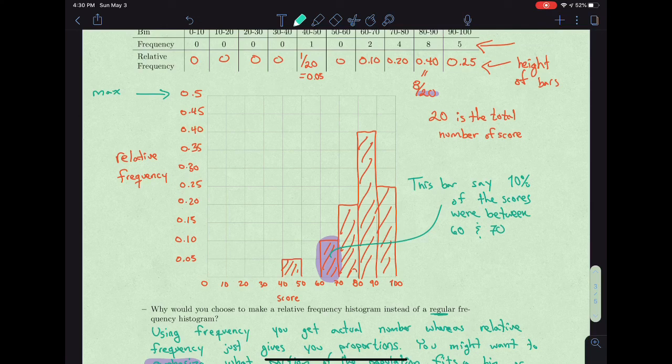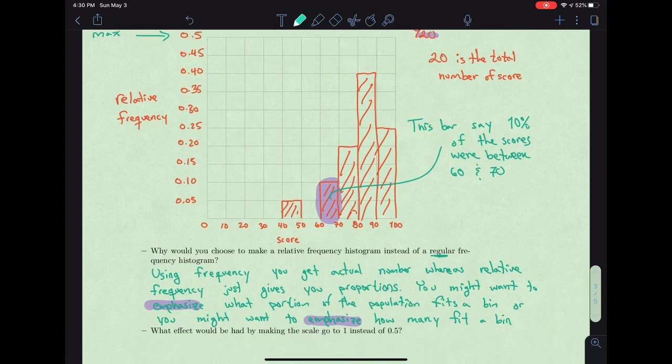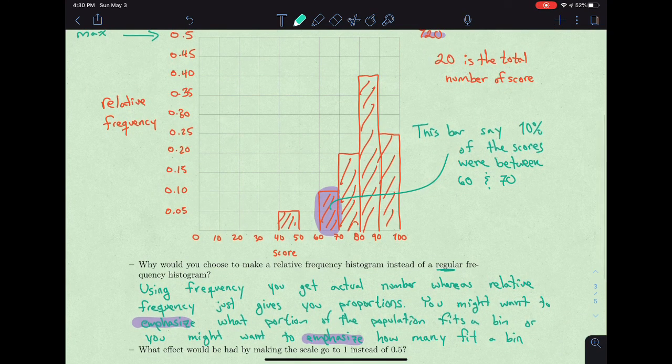And so you can never have a fraction that's more than 1 in this situation, because the numerator can never be more than the total. But the question here is about, what if we had instead used a scale of 1 instead of 0.5?